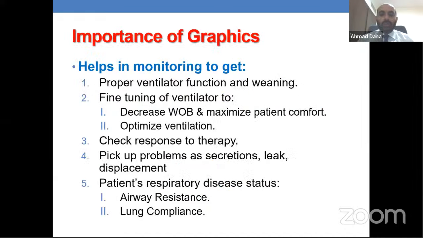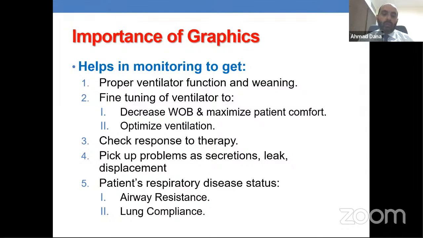So first of all, what is the importance of the graphics? The main issue of the graphics is to have a proper ventilation function, and of course later on initiation of the weaning process. So by understanding the graphics, you will learn a lot of it. Now we need to understand something.